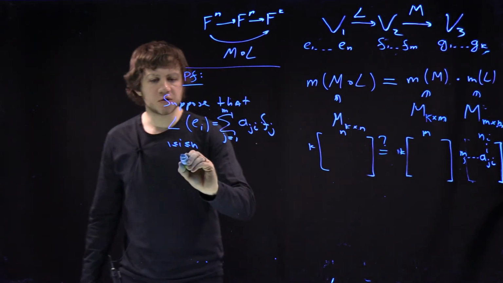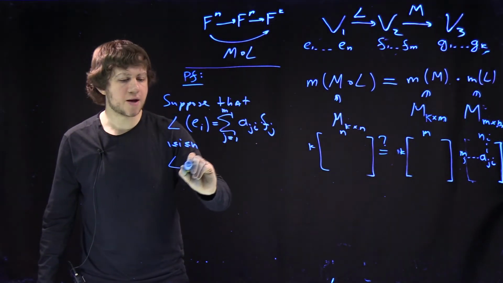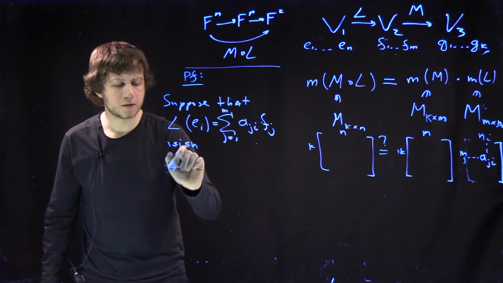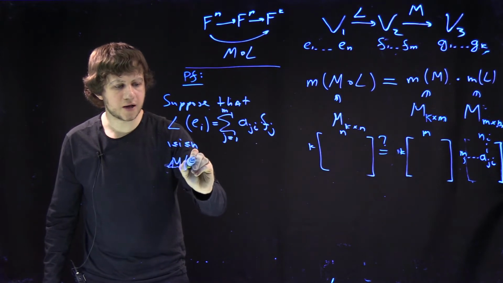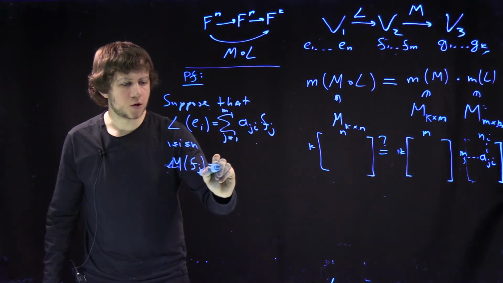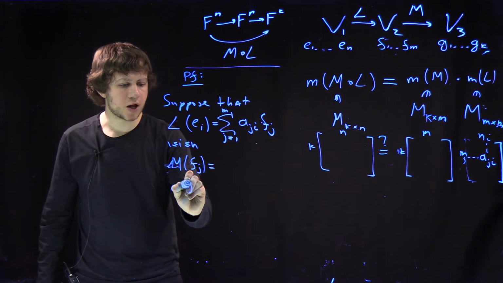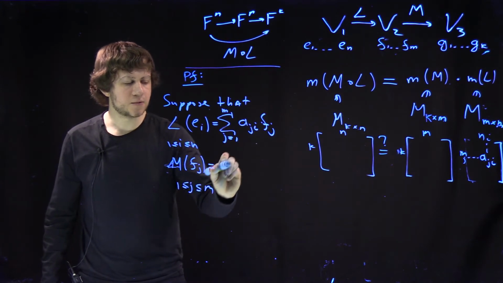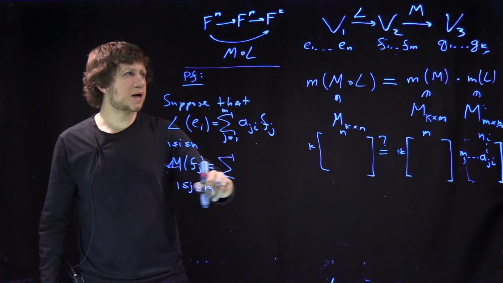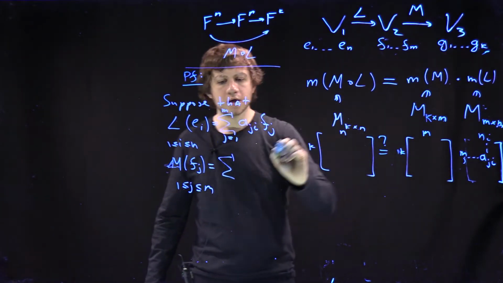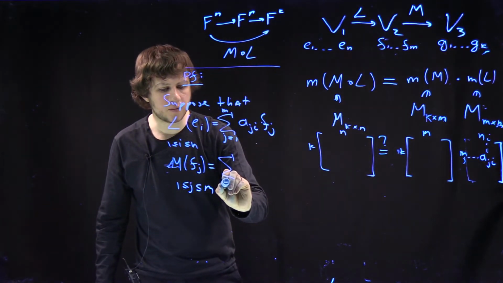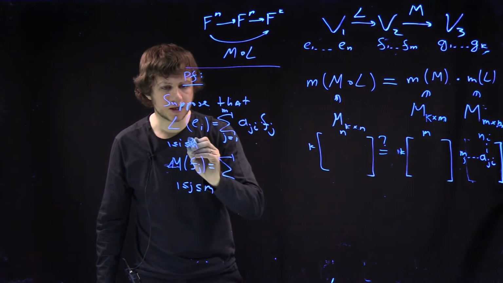Okay, so then let me do M of Fj. So J now goes from 1 to m, and then we sum, and this lies inside the space V3. So this is a sum, we need some additional index.